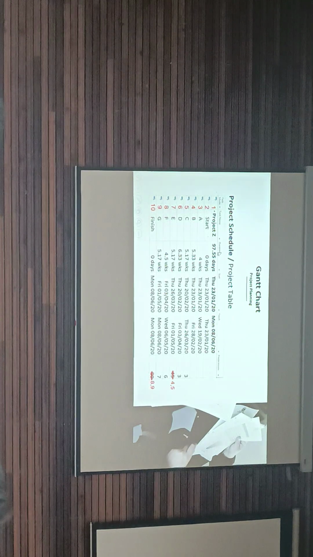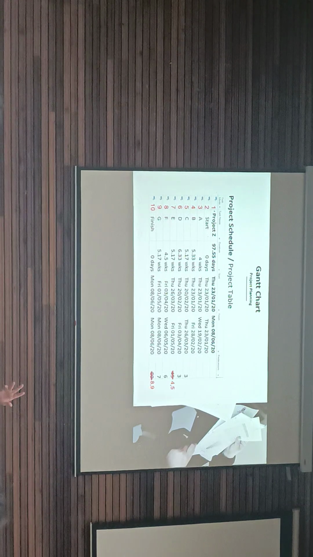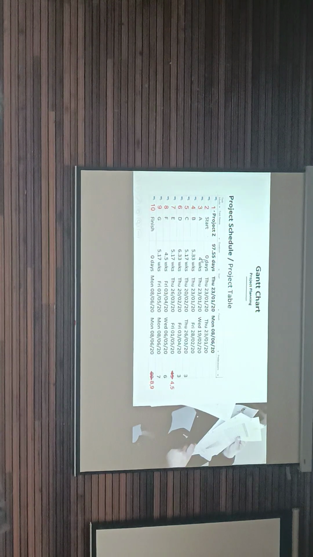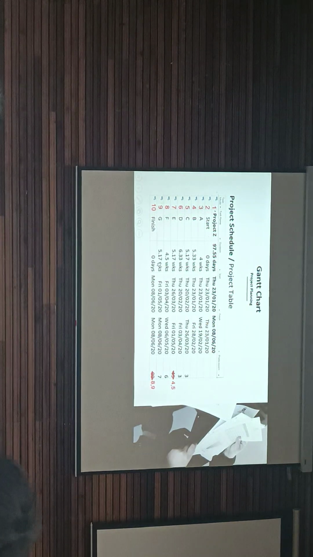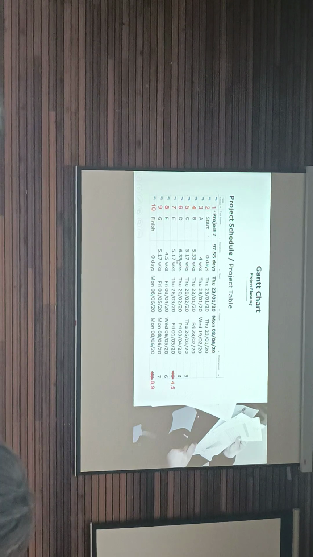If you type 0 for the duration, you will see a diamond appear on the Gantt chart. Here you type 0 days, you will see a diamond. Between 2 diamonds is a milestone.